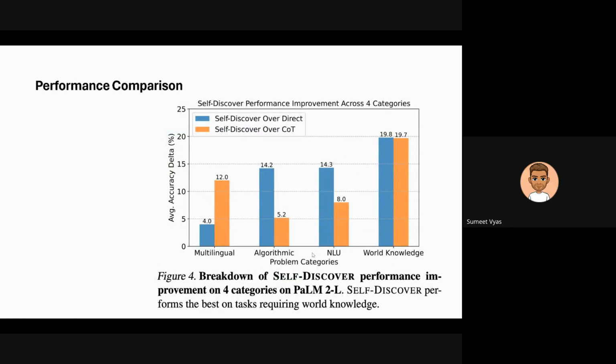Right. These are the numbers which they have reported. A few of the tasks on which they have run across multiple categories. So in all of them, CoT, self-discover over direct and self-discover over CoT. So this is sort of the performance improvement over direct prompting strategies and CoT.